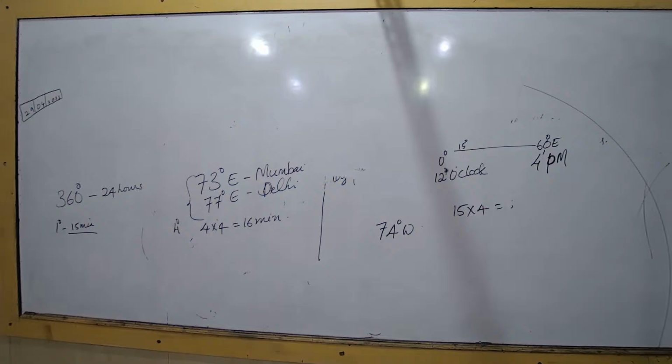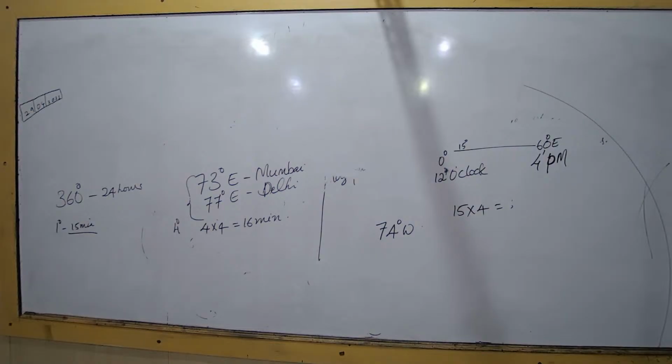Now, when you are going to the western side, it has to cross that 0 degree meridian. You see that 12 hours noon at Greenwich. Montreal time difference with respect to Greenwich Mean Time is how many? 74 into 4.